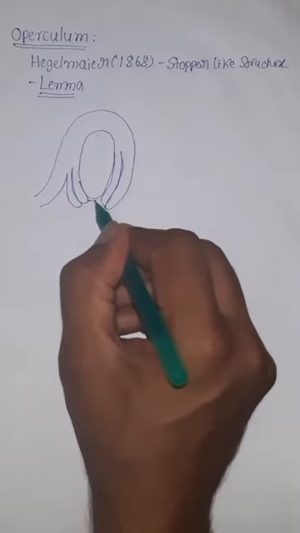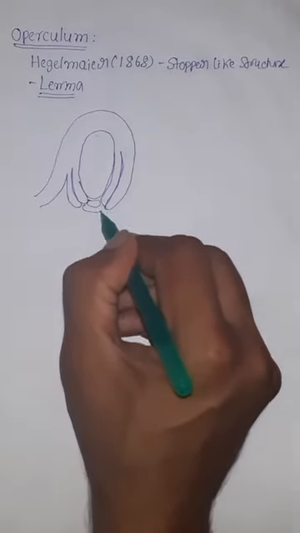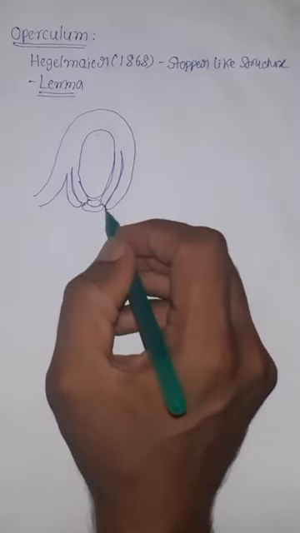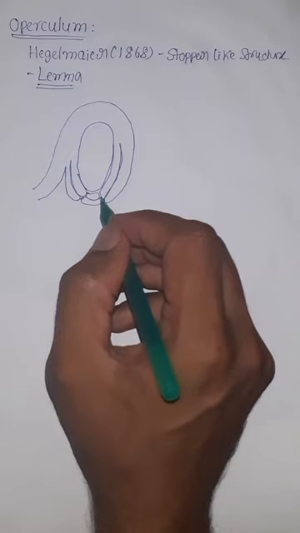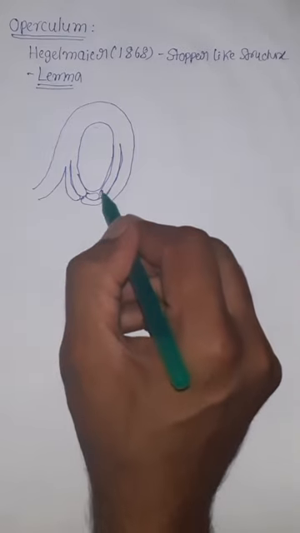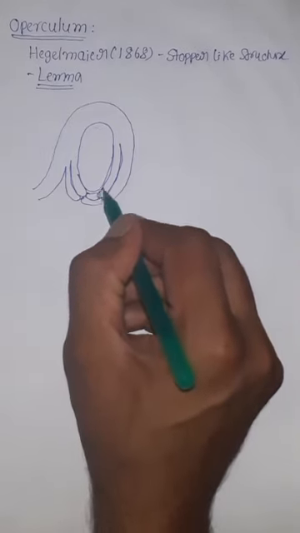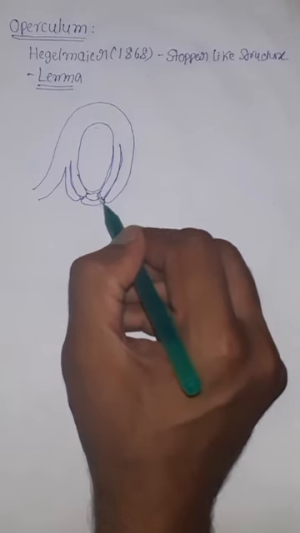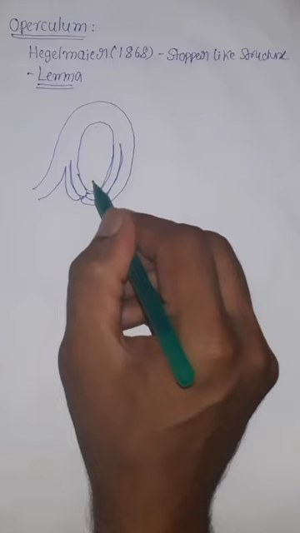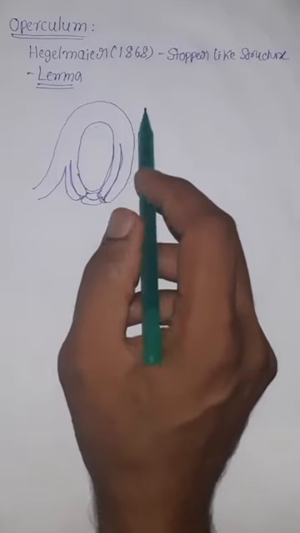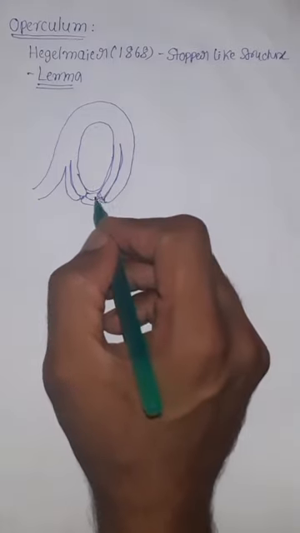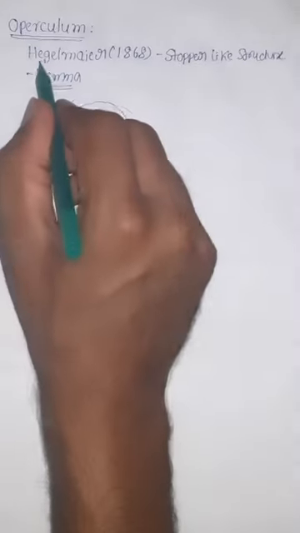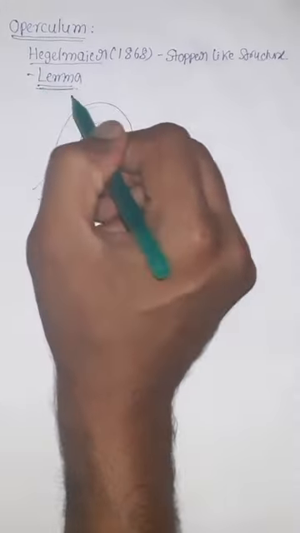It is a stopper-like structure. Further, it was identified that it is an additional tissue arising from the tip of the inner integument and also sometimes the outer integument. It is a stopper-like structure present at the micropylar end of the ovule, first observed by Hegelmaier in Lemna.